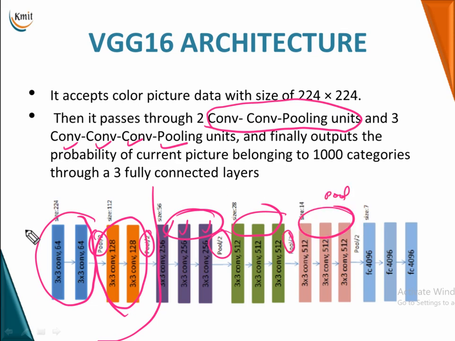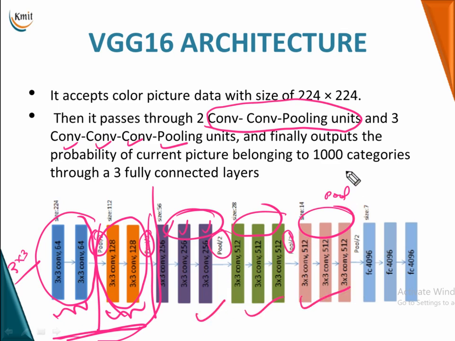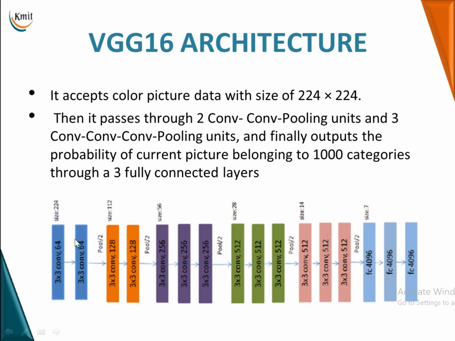So the same 3 by 3 convolution layer was repeated. Here, 2 sets of convolution and pooling, then 3 sets of 3 convolutions and a pooling, followed by 3 dense layers. So this was about the VGG16 architecture. I think it should be clear. I'll just remove this so that you can have a clear picture of it.